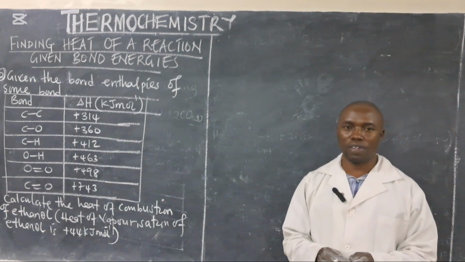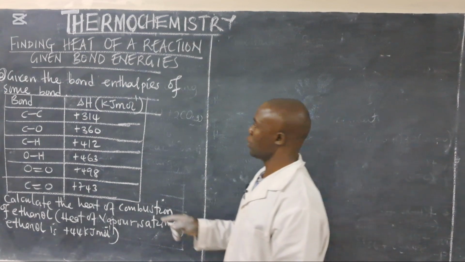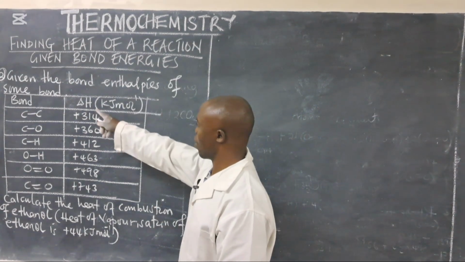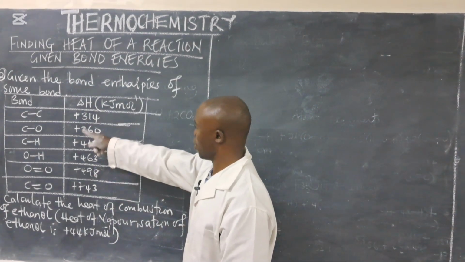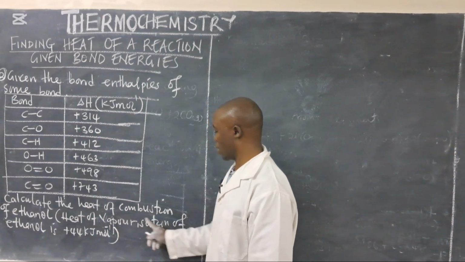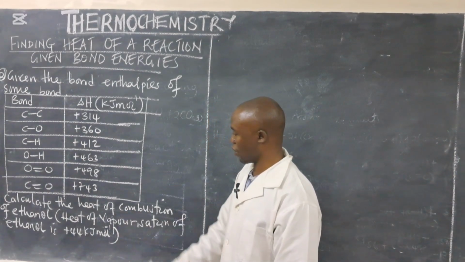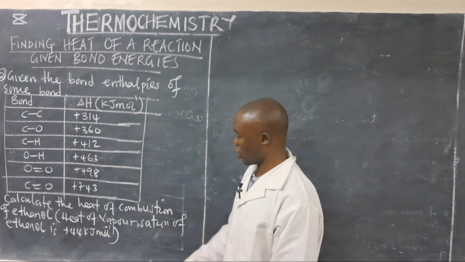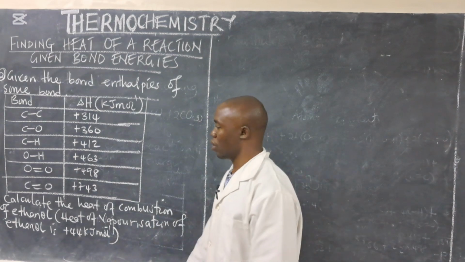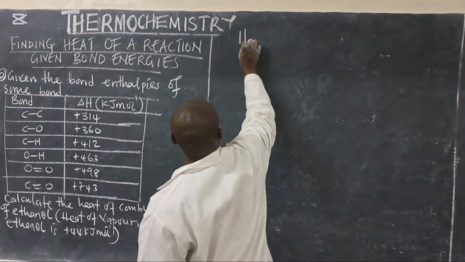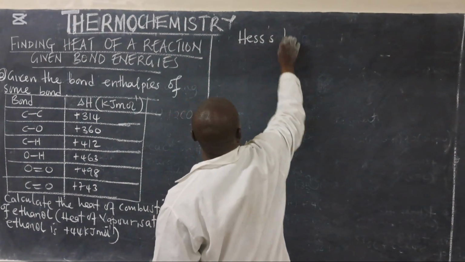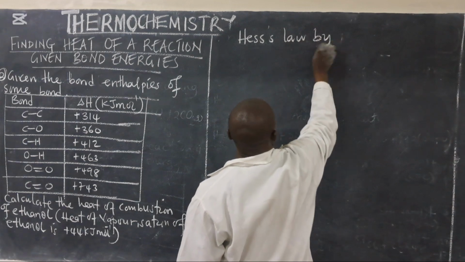Let's look at example 2. Given the bond enthalpies of some bonds, calculate the heat of combustion of ethanol. The heat of vaporization of ethanol is this value. So let's look at Hess's law by calculation.